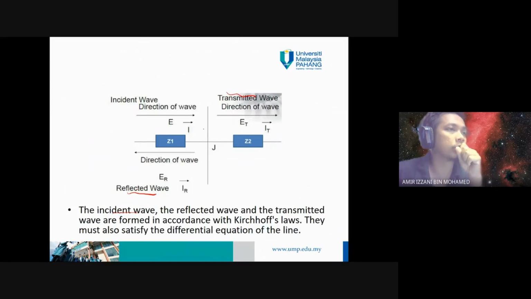Imagine this is the junction, where we have two connections, transmission lines with impedance Z1 and Z2. It can be transmission lines or two circuit systems. If the impedance is not matching, Z1 not equal to Z2, some will be transmitted and some will be reflected.